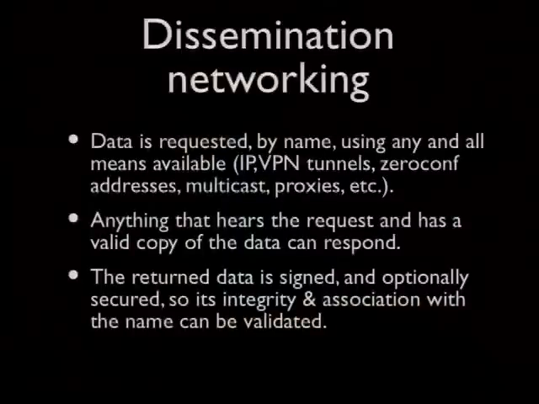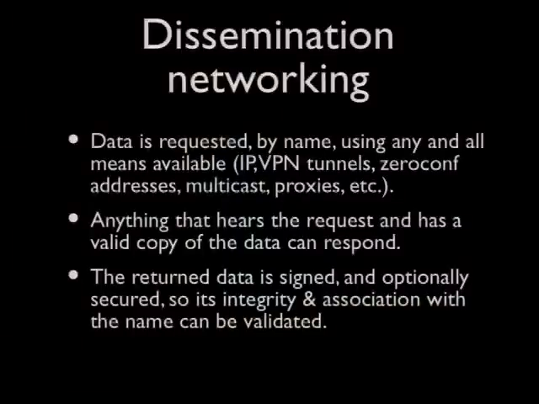Okay. So if we wanted to do more dissemination-based networking, the idea is you change your point of view to focus on the data, not where the data lives, because it doesn't have to live anywhere. Right? Data is named. When you want some chunk of data, you present its name to the network. And it doesn't matter what kind of networking technology you've got.